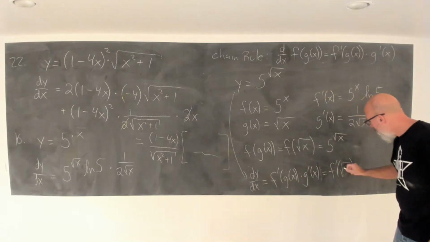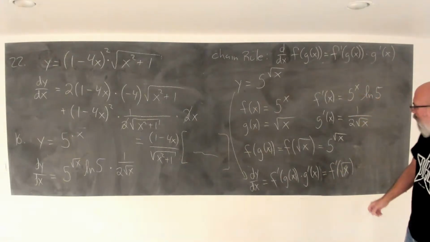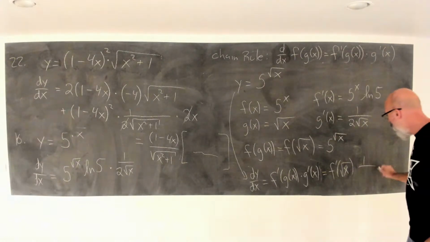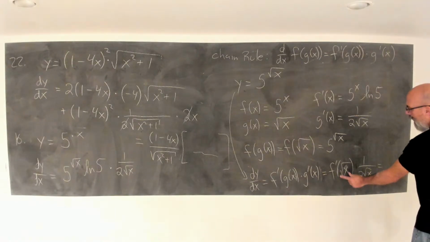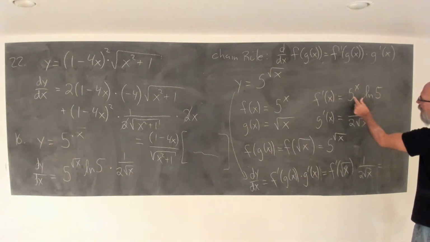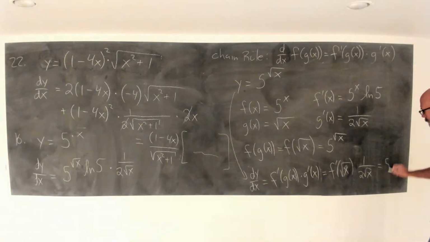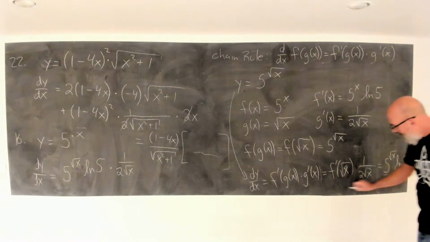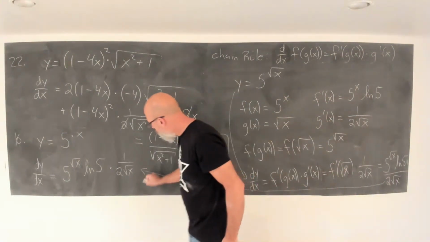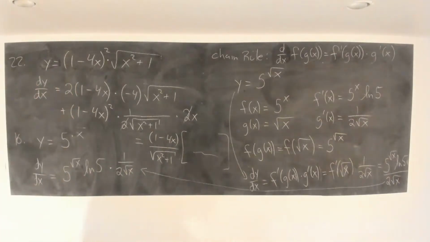And g prime is 1 over 2 root x. Everywhere you see an x in your f prime, you replace with root x. So we get 5 to the root x ln 5 times this, or let's put it over 2 root x. Exactly the answer we had here.